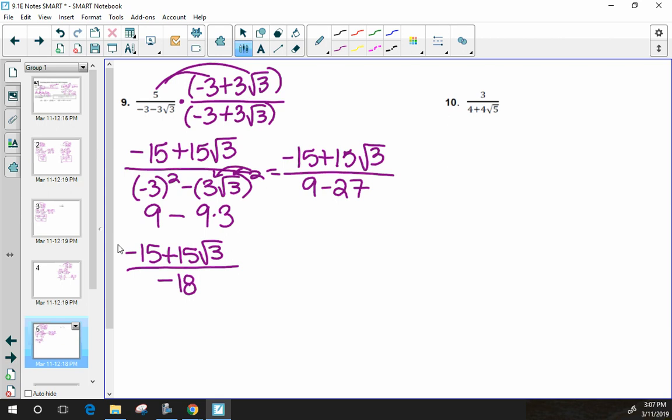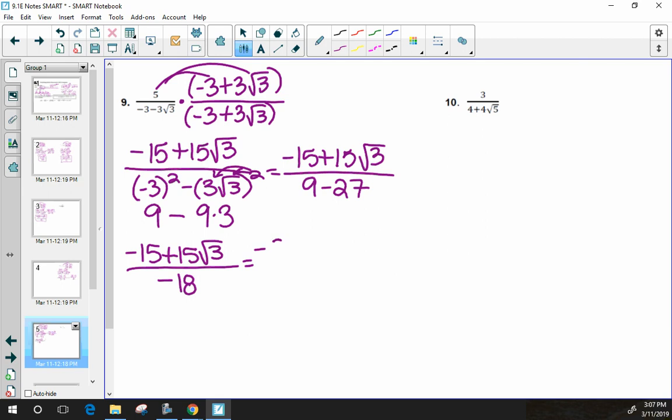What goes into all 3 of these? 3. Because it's a factor in all 3 terms, yes, you can and should and need to simplify that out. So I need to notice, hey, wait a minute, there's a 3, and in fact, with all these negatives, especially when my denominator is negative, it's smart to just pull a negative 3. That way you get rid of some of that negative stuff.